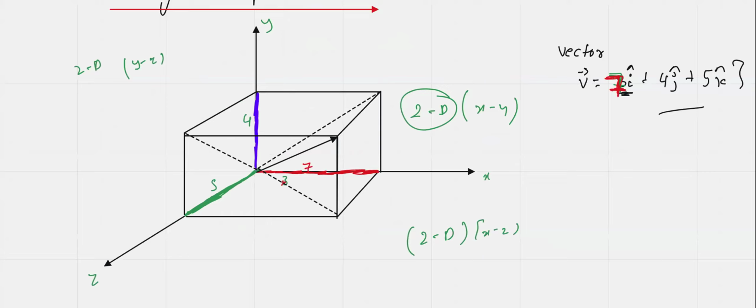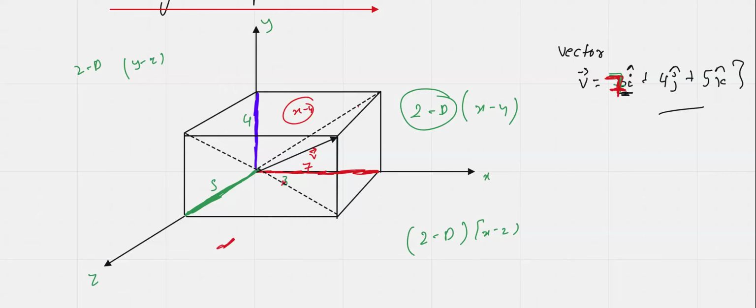So if you resolve this particular main, this is my v vector. Okay? If you resolve this v vector on the x and y plane, this is the vector you are going to get. If you do it in the y and z axis, this is the vector you are going to get. Basically, to get this, you have to see from this side.